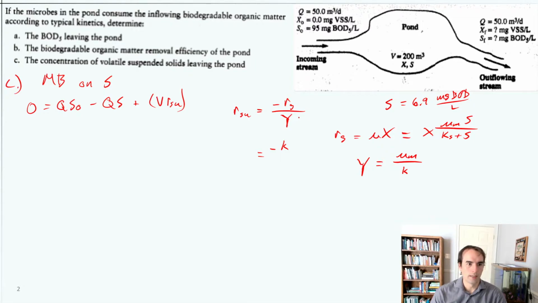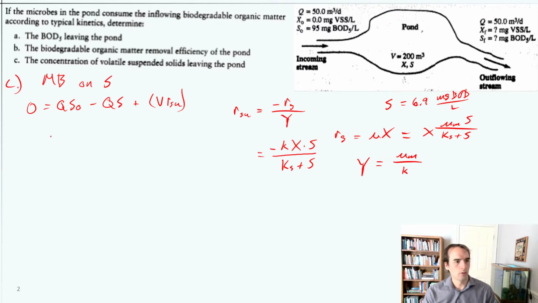We're dividing by mu max over k, times X times S. So that's simply the X here, the S here, and the k coming on top. Then we divide by the Ks plus S. That should give us a term for the rate of substrate utilization.